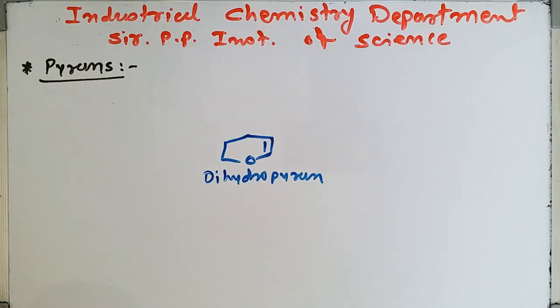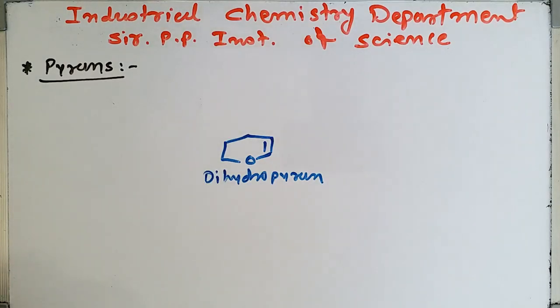Dihydropyran is used as a protecting agent for alcohols and phenols, because the compound condenses with alcohols or phenols in the presence of anhydrous acid to give an acetal form, from which the alcohol can be easily regenerated by mineral acid.